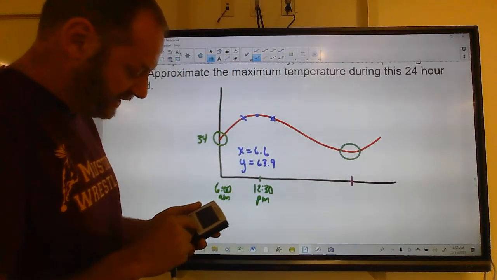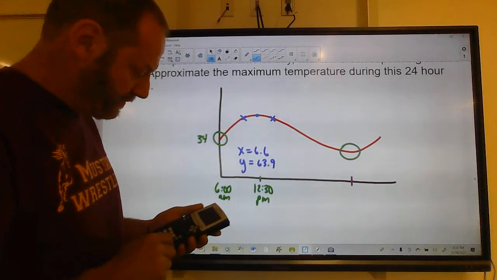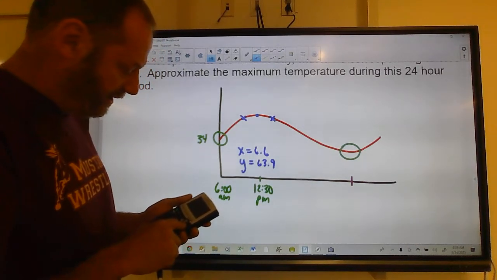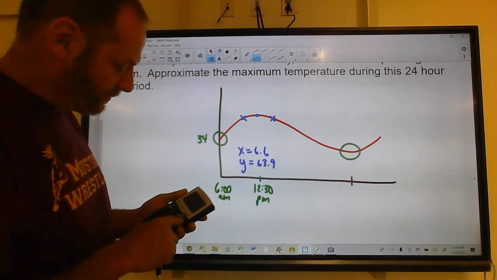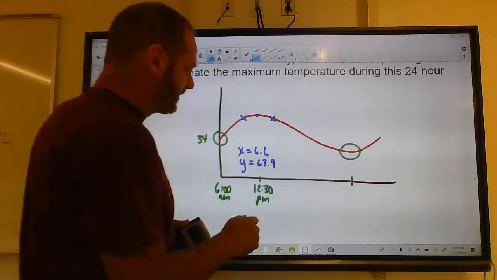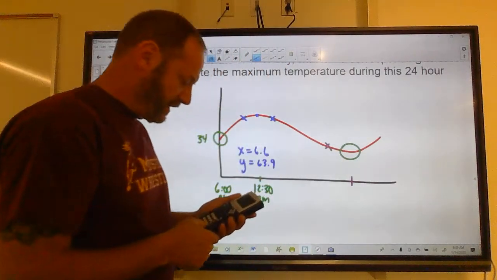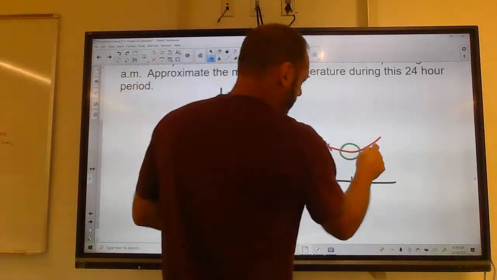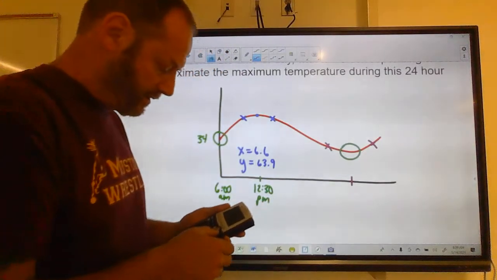So let's do the second calc. This time we're going to do a minimum. And I'm going to move my arrow to the right till it's about here. Hit enter. Then I'm going to move it more to the right until it's over here.